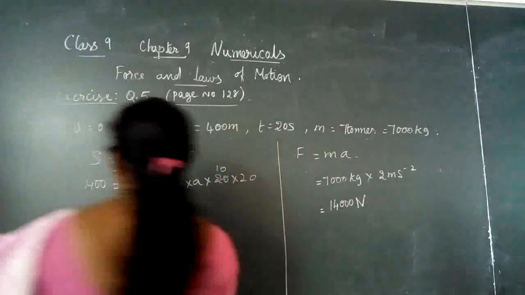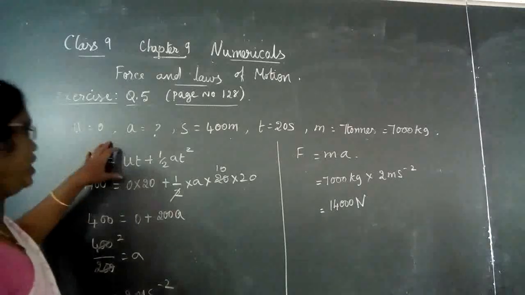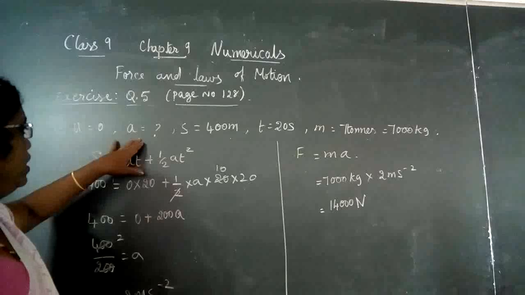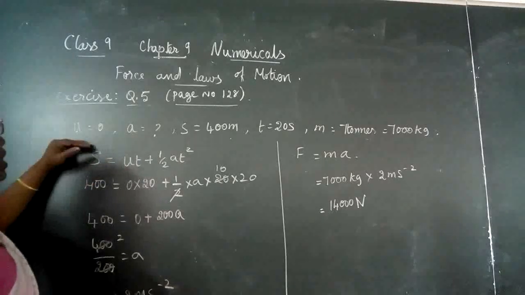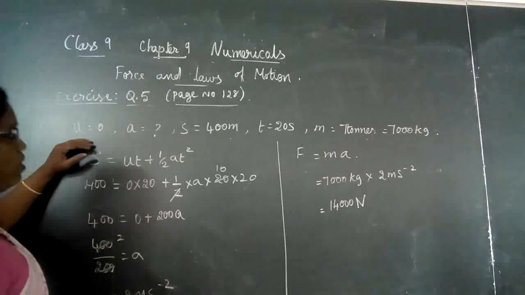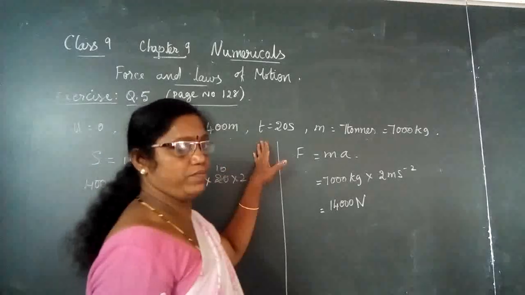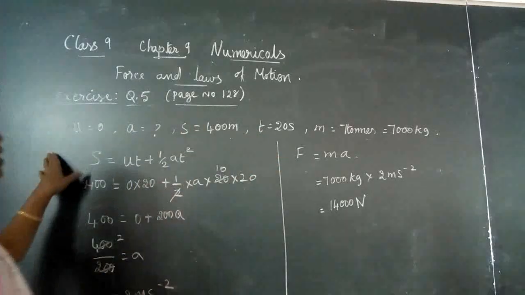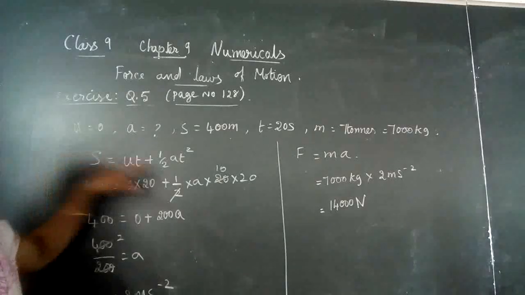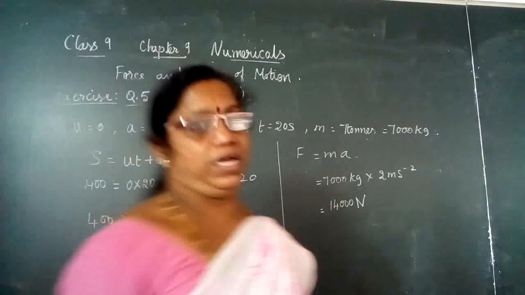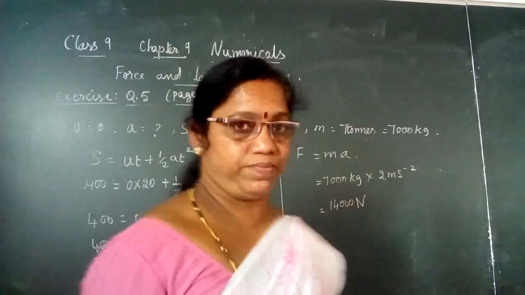Here we have to calculate the acceleration, and the values given are initial velocity, distance and time. So using this, we can calculate the value of a using the second equation of motion.